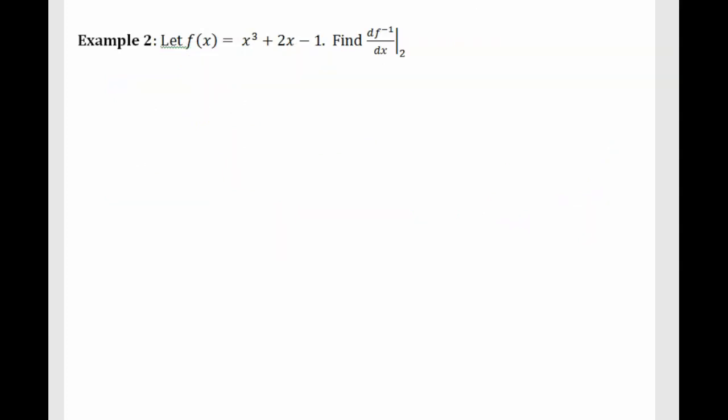Okay, f of x equals x cubed plus 2x minus 1. Find the derivative's inverse at 2. So again, this is kind of like the y value of my original.